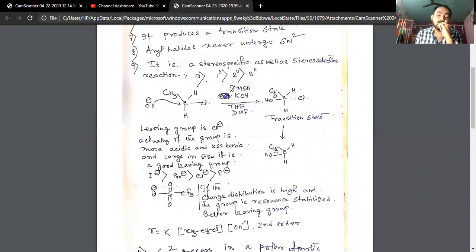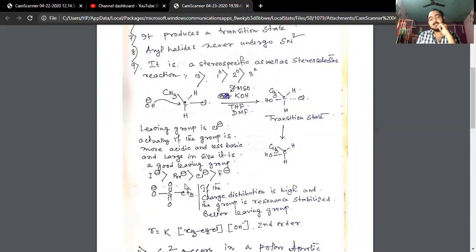What happens? The minus charge is resonance stabilized, because single bond and double bond are present. Moreover, the CF3 group is an electron withdrawing group. So charge distribution is easily done in this kind of group. As we know, it is a concept of physical chemistry: the lower the charge, the higher will be the stability.